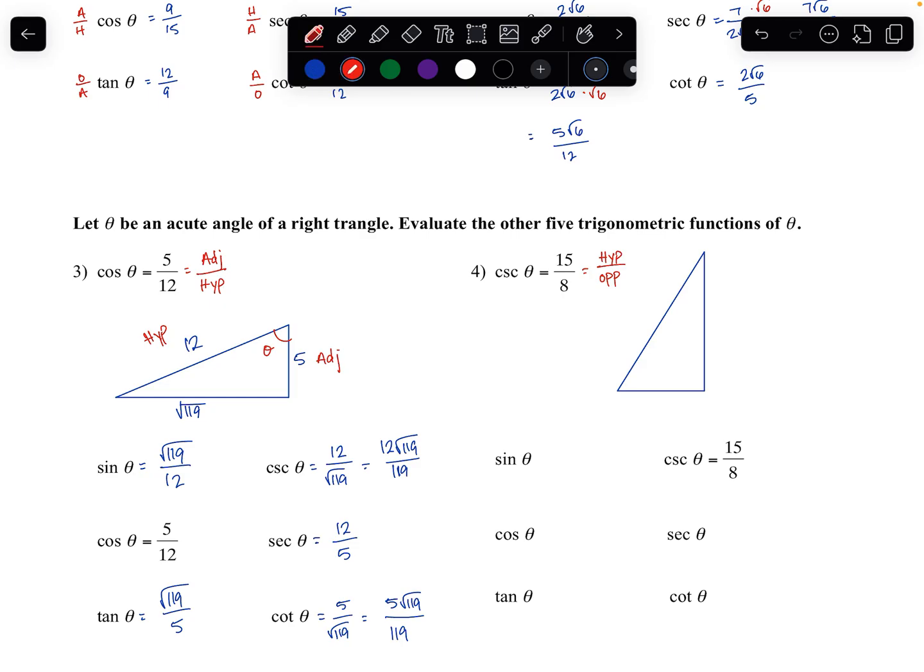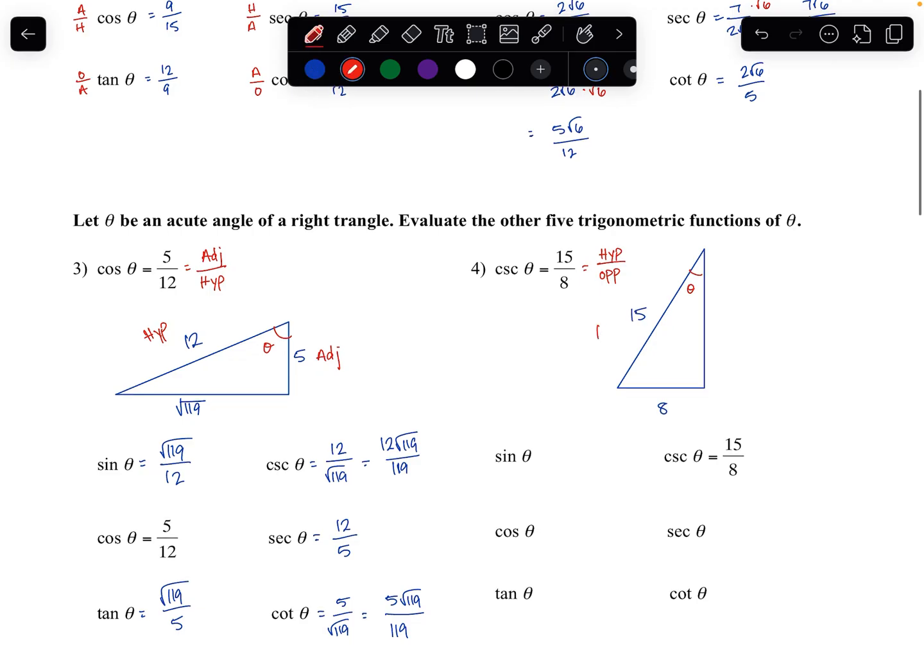Okay, I'll go ahead and make this theta right here, which would make this side right here 8 and this side right here 15. So this is the hypotenuse side, and this is the opposite side, which makes this the adjacent side, and I need to find the adjacent side.